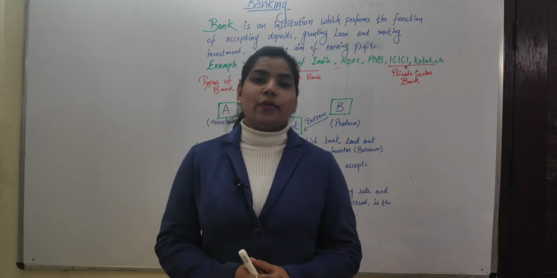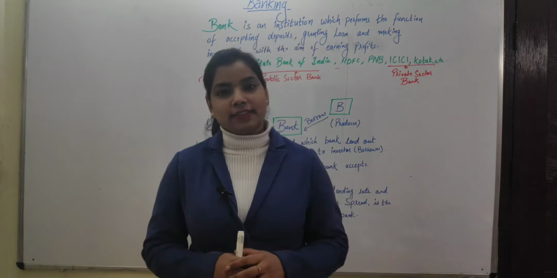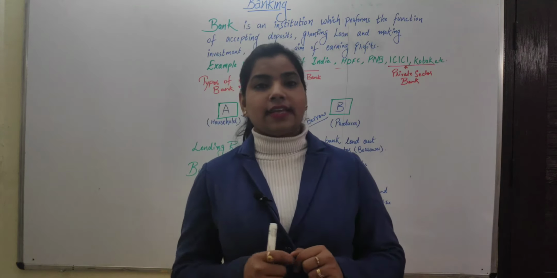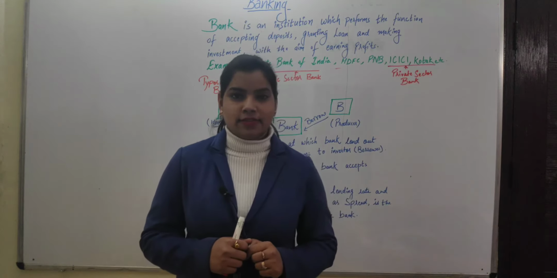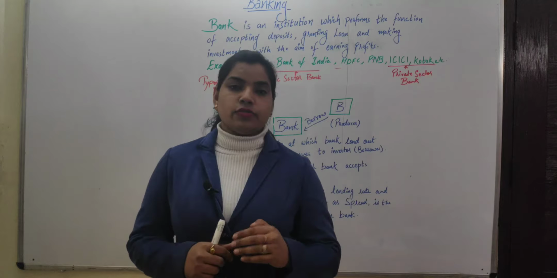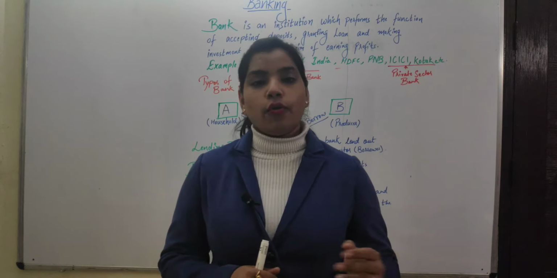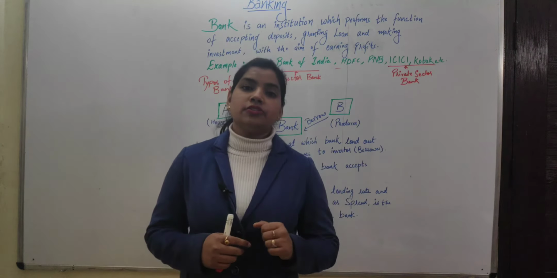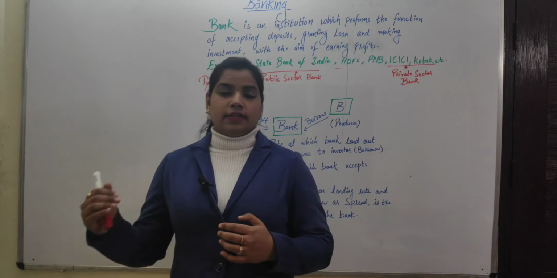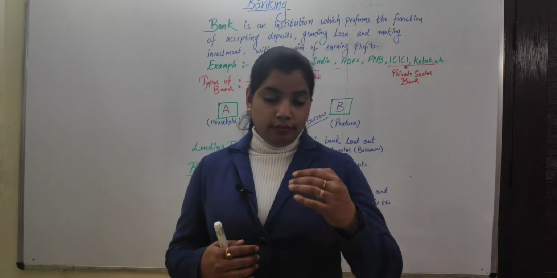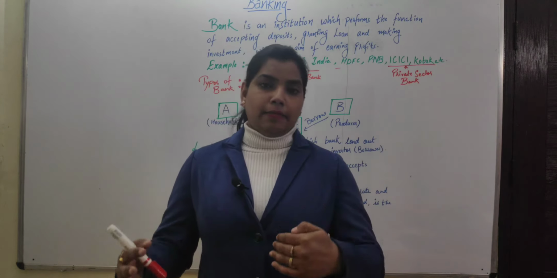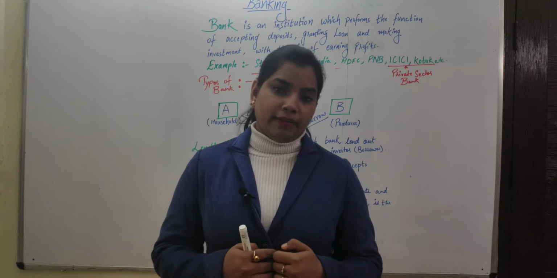Students, we can define banks in two categories. First is public sector banks and second is private sector banks. Public sector banks are those banks which are owned, controlled and managed by the government, and in private sector banks, things are owned, controlled and managed by private enterprises.